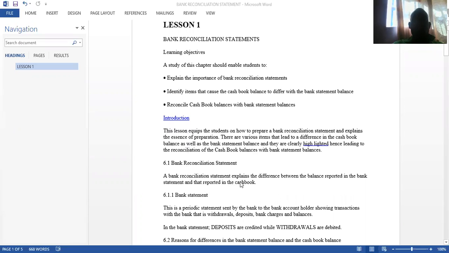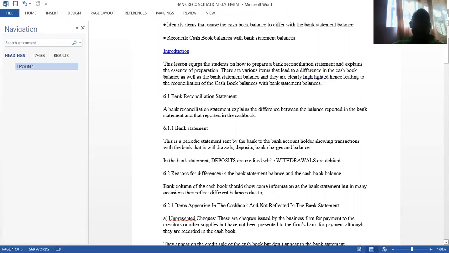But remember here in the cash book, our interest is only on the bank columns because that is where the identity should be. So the bank statement, which is a document normally prepared by the bank, is supposed to capture all the information the business has undertaken involving checks, which can be either deposits or withdrawals.